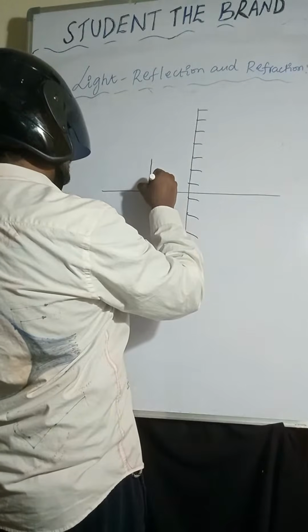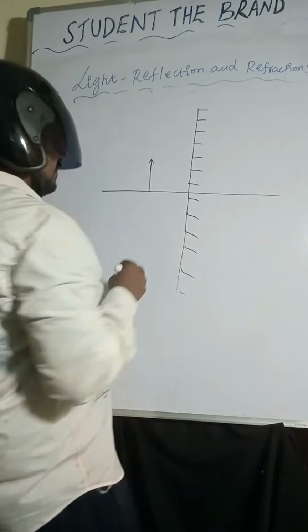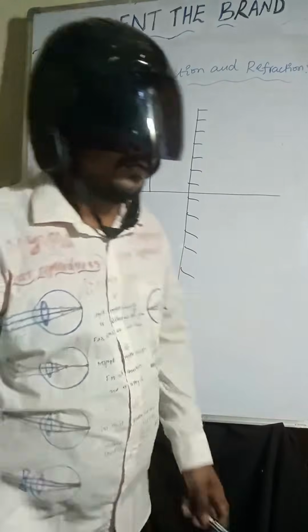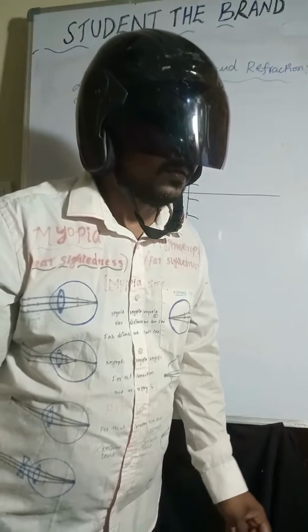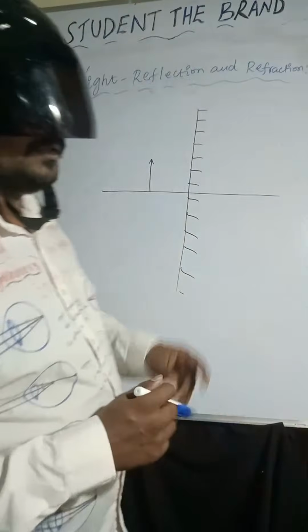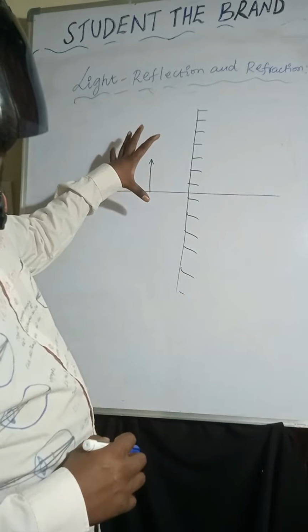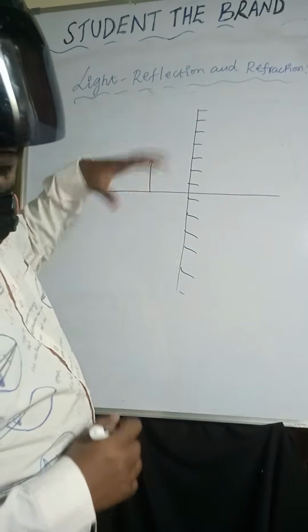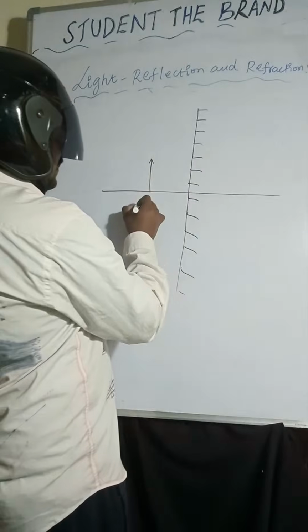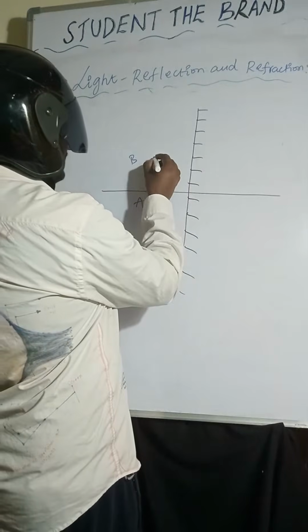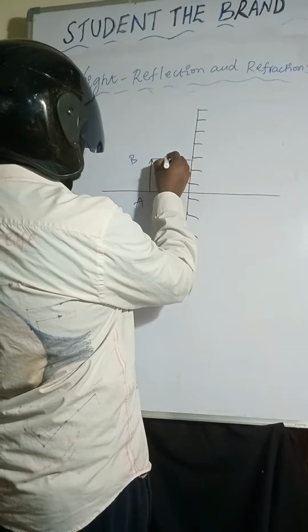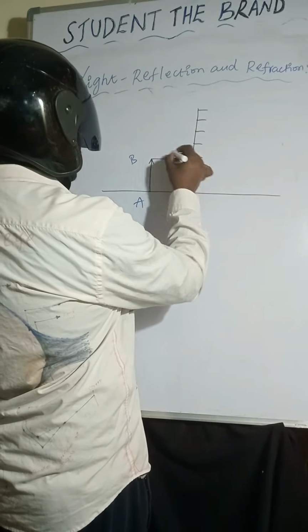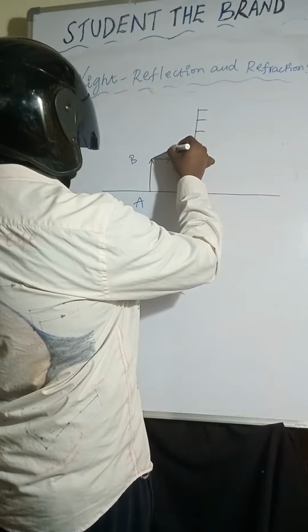This is the incident ray. This is the object AB. I said minimum 2 light rays are required to form the image of the object. I'm taking like this, and here also.